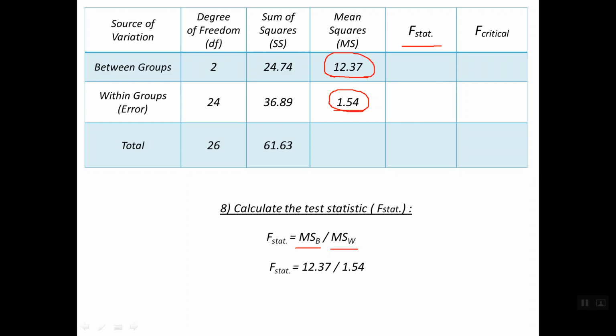So after substitution, we get the value of the statistic F. So the value of the statistic F is equal to 8.03.